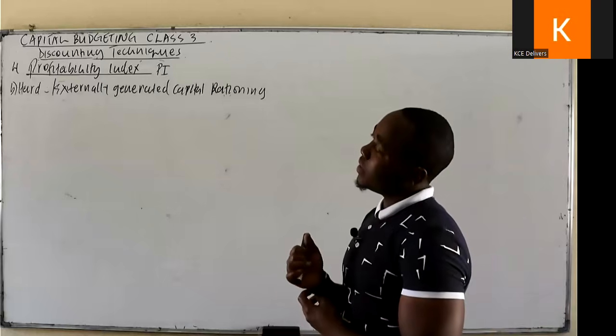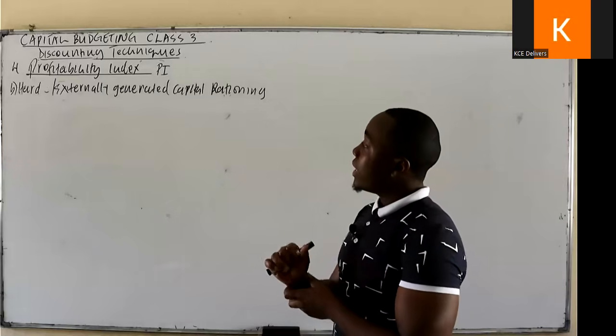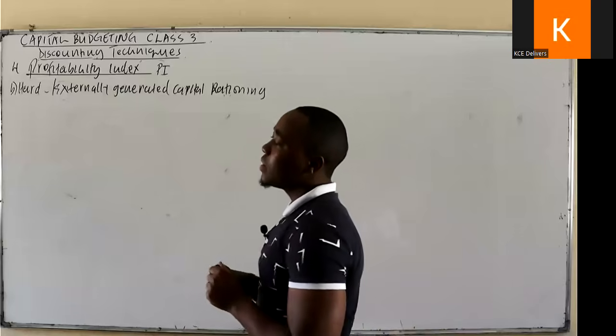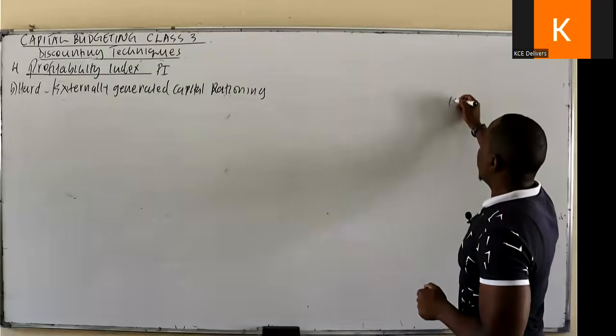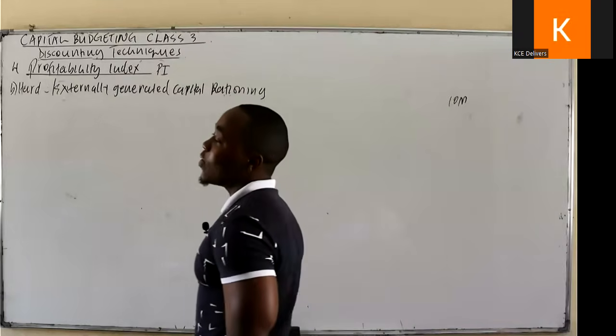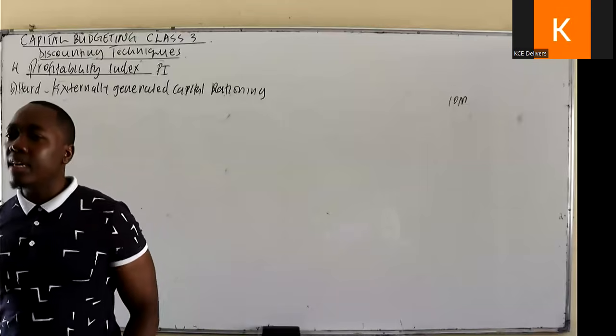So in this case, we are saying that externally, the shortage is due to factors not within the control of the management. That means for the deficit of 10 million, the management is really willing to get the 10 million, but some external factor is hindering that. Which are those circumstances?